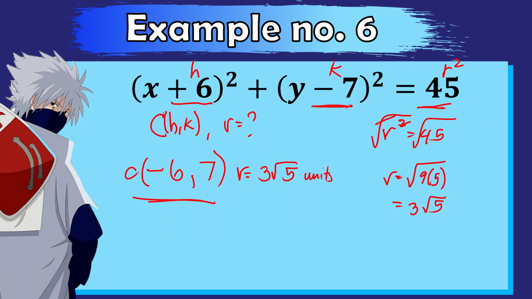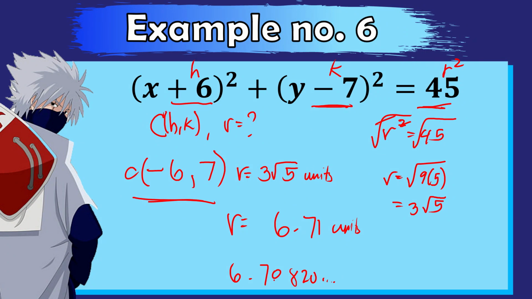So, we have, ano ba yung value ng 3 square root of 5 or ng square root of 45 mismo na lang. So, rounded off to 2 decimal places, ang itatype nyo na po na answer for the length of the radius ay 6.71 units. Bakit naging 6.71? Kasi si square root of 45 po ay 6.70820 and so on. So, 0 to, so 8 yung katabi niya, kaya nag-add tayo ng 1.